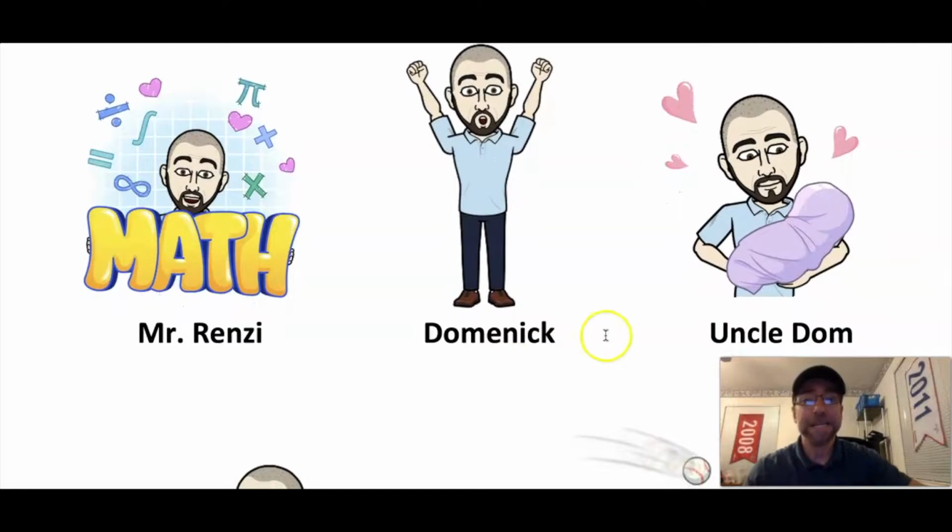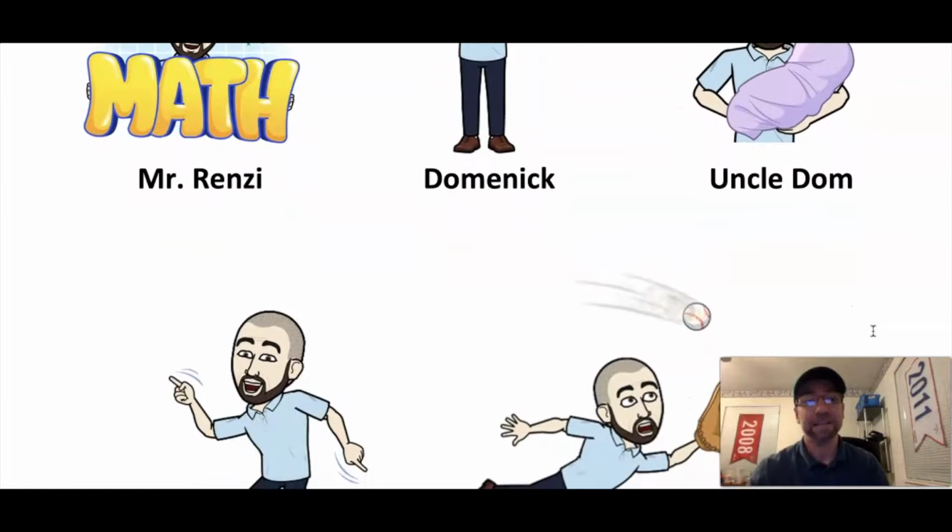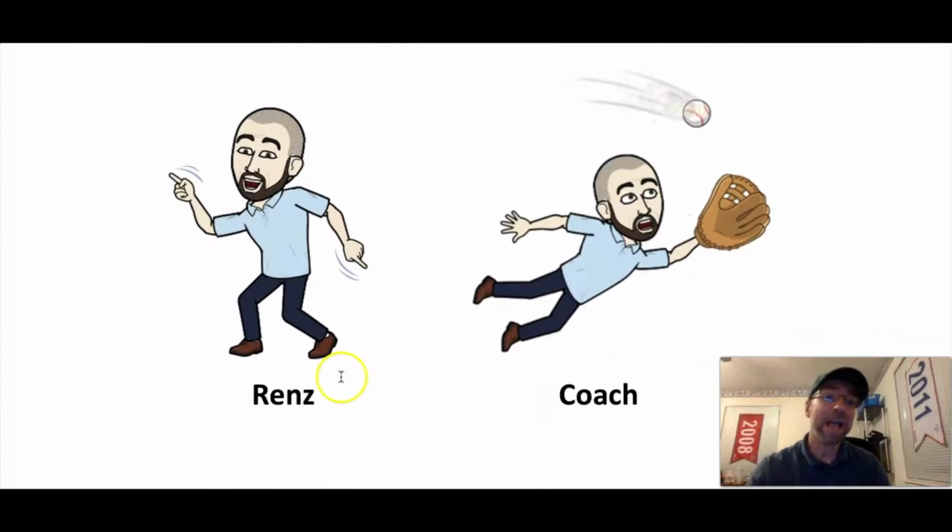And then my niece and nephew call me Uncle Dom, because to them, I'm their uncle. And then when I'm hanging with my friends, they call me Renz, which is my nickname. Hey, Renz.